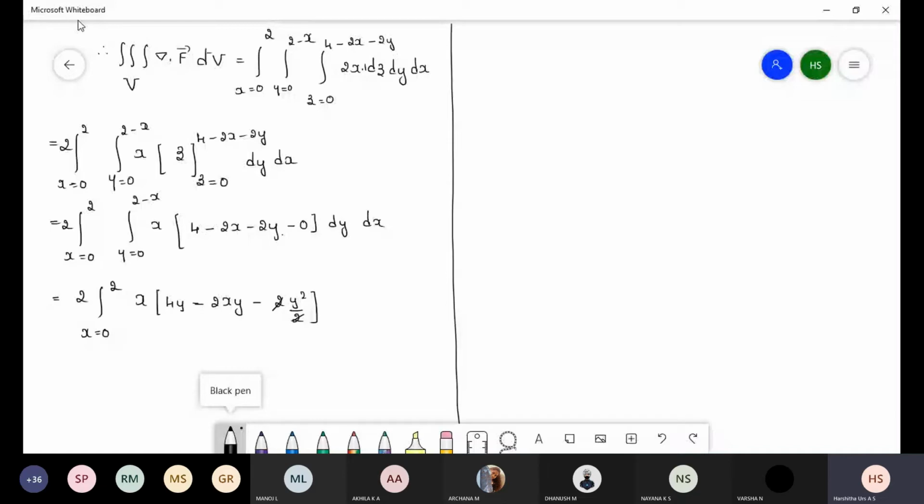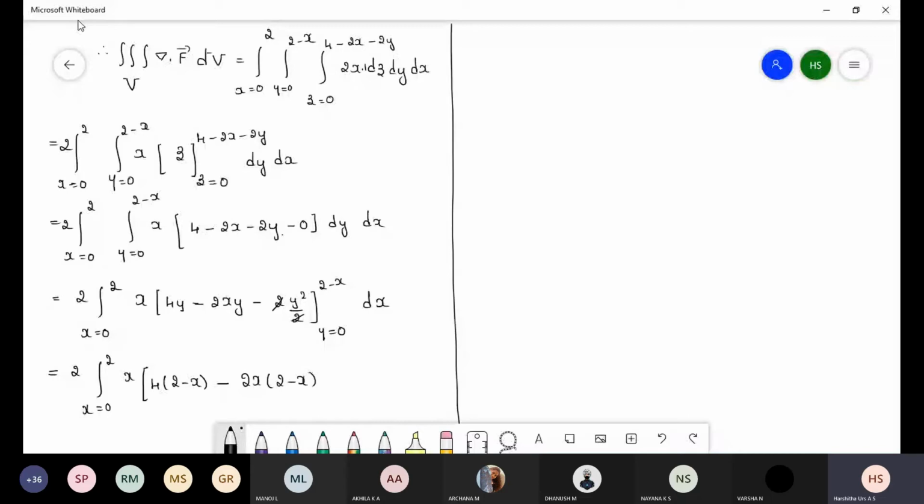Again 2 into limit x is equal to 0 to 2, x into 4 into 2 minus x, substitution of the upper limit, minus 2x into 2 minus x, minus 2 minus x whole square, lower limit is 0, into dx.